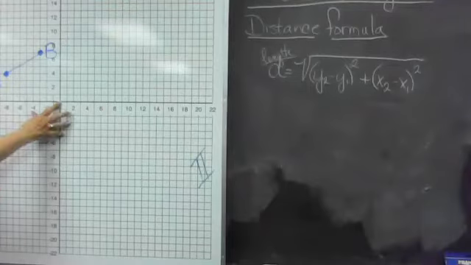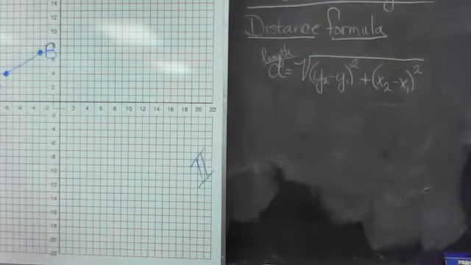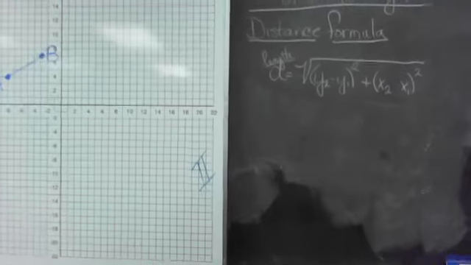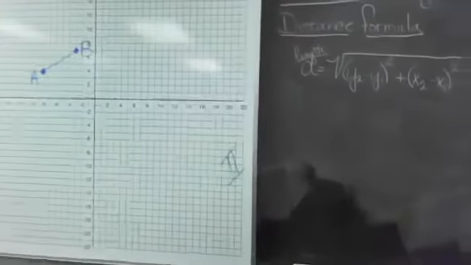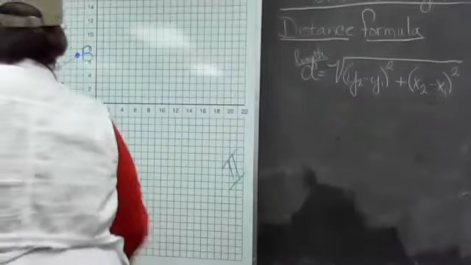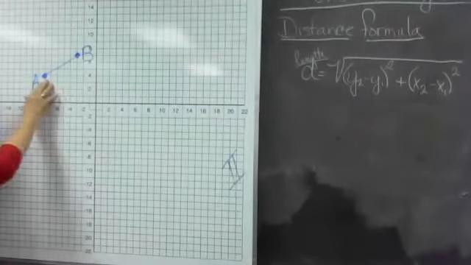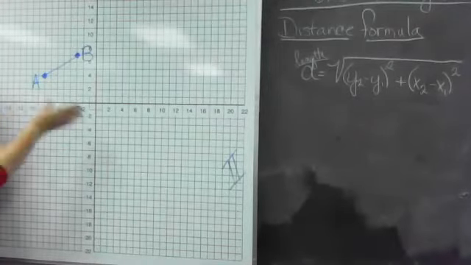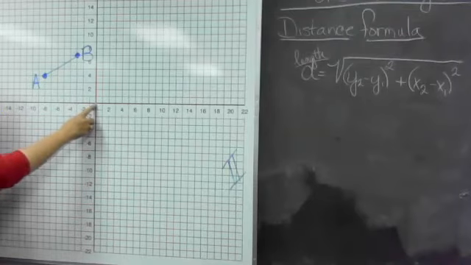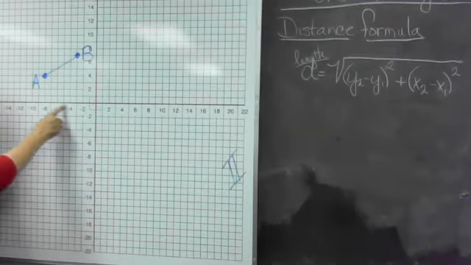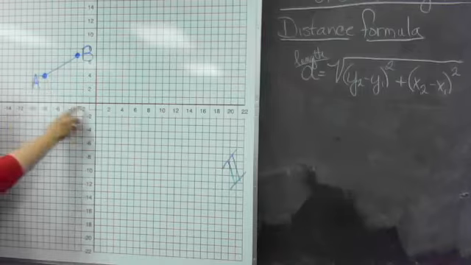If I start at the origin and I want to end up here at point A, I need to move horizontally first from the origin. Here's the origin. I'm going to go in a negative direction because I want to get to this point.